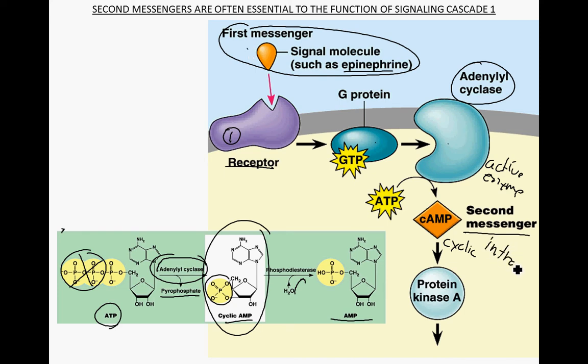And so this is another molecule, this active cyclic AMP thing here, that will then activate this protein kinase A. Now, we talked about this in some sections, but maybe not in others, but kinase enzymes are involved in phosphorylations, and activating other molecules by phosphorylating them.